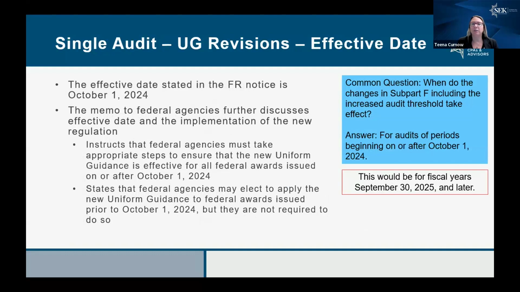And so as far as the effective date for grants that will be written, basically applied for and written, you are going to see these changes in any grant documents that are created and awarded and signed as of October 1st, 2024.